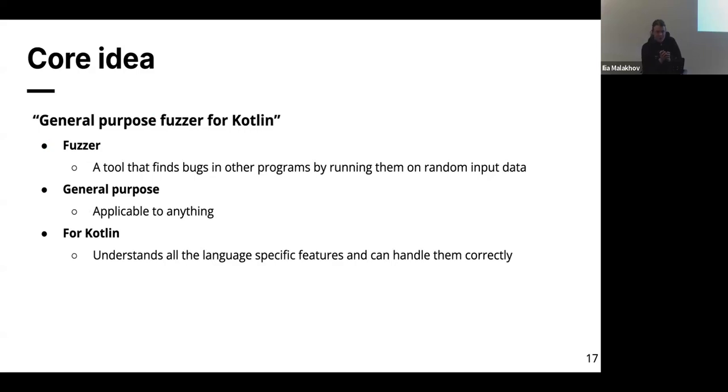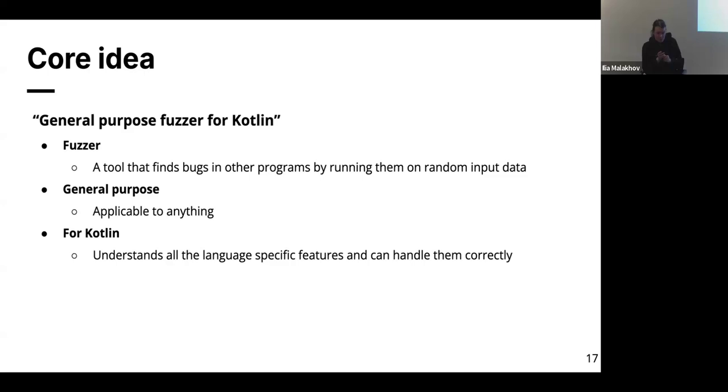Now that we understand what fuzzing is, let's talk about kotlinx.fuzz. With this project, we want to develop a fuzzer which should be applicable for any Kotlin program. It shouldn't be specialized for anything. It should be useful for a lot of developers.